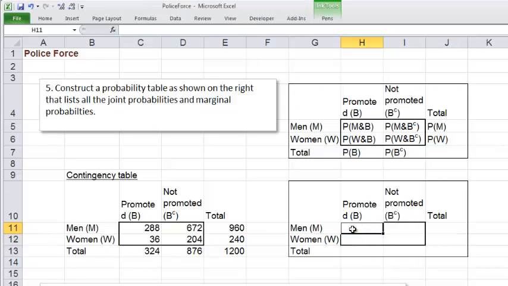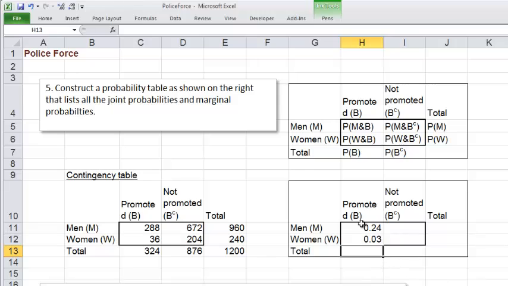Okay, so we want the probability of M and B, which we already got before. We had to do 288, and we have to divide by 1200. So it's 288 divided by 1200, and that's 0.24. And if I want the probability of women and B, W and B, it's just 36 divided by 1200.